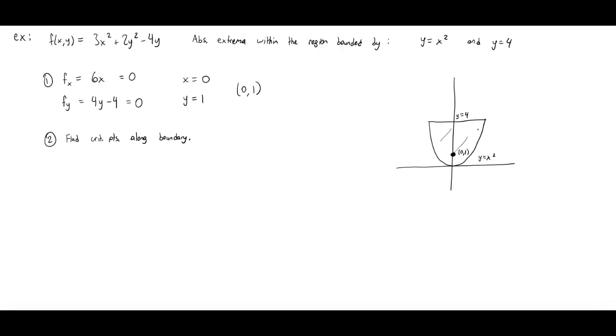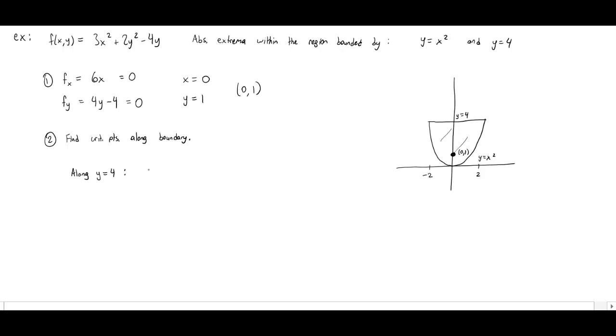So I'm going to start with finding possible extrema along the line y equals 4. First I will note when y is 4, x is minus 2 or 2, because we had y equals x squared. Now I'm going to examine what our function looks like along the y equals 4 boundary.